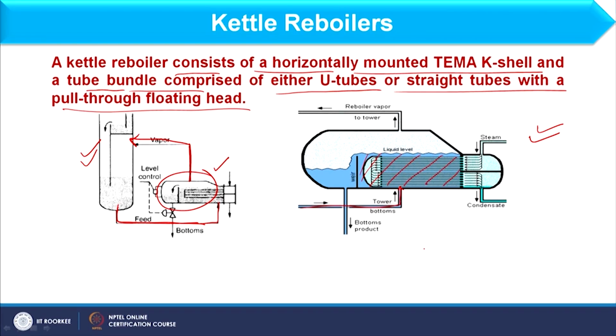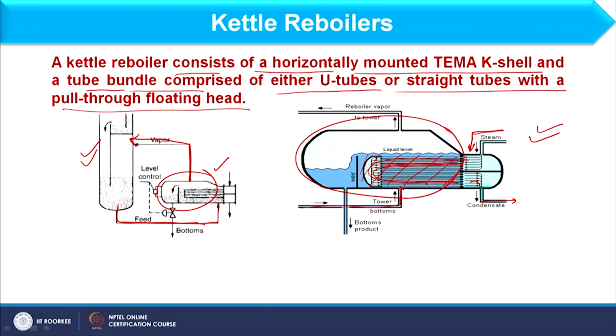In the kettle reboiler, feed always enters the shell side, and in this exchanger we have a straight tube. We can also use a U tube over here. In the tube side, steam is entering, which is used as a heating media, and from here it exits as condensate.